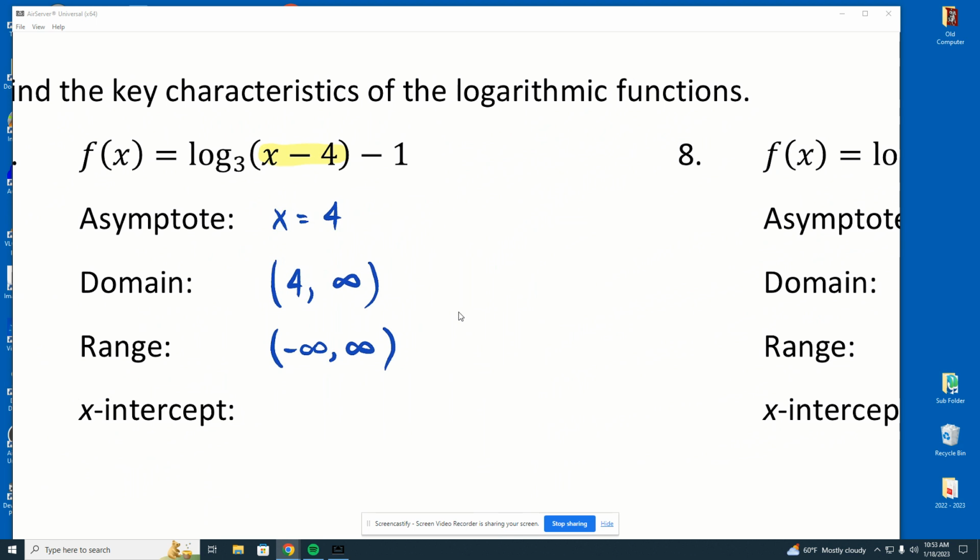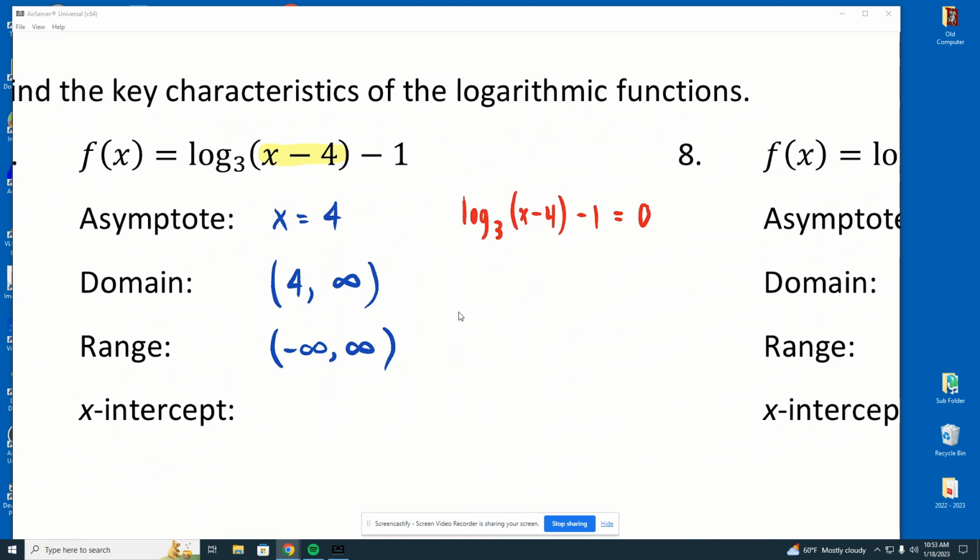Last, you could take log base 3 of x minus 4 minus 1 and set it equal to 0. Those are your options. I don't care which one you do. I just want you to get it right.